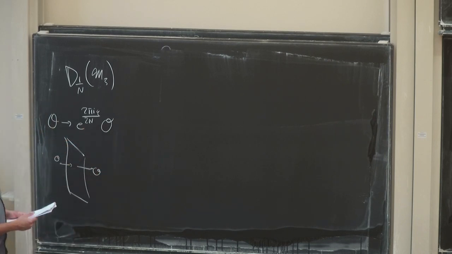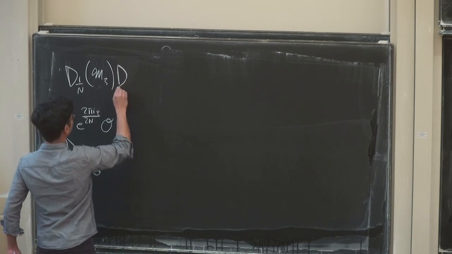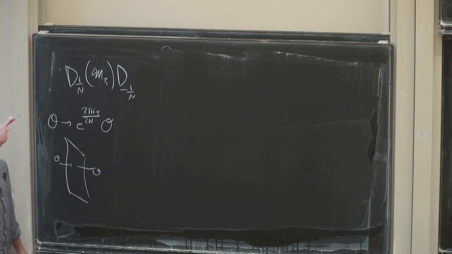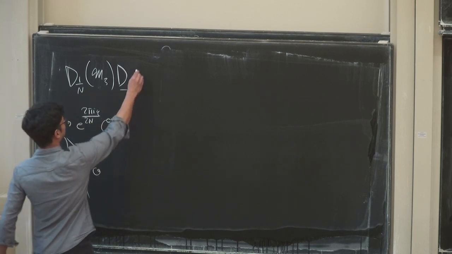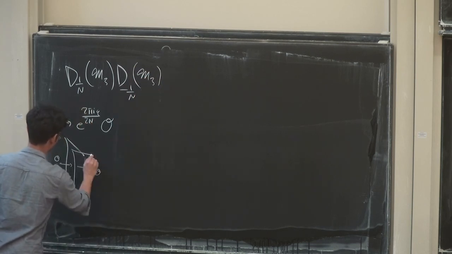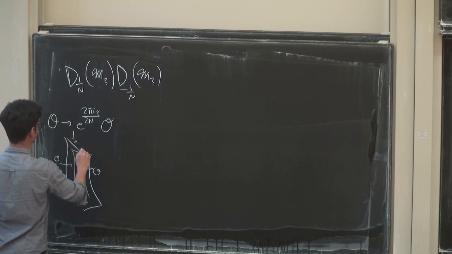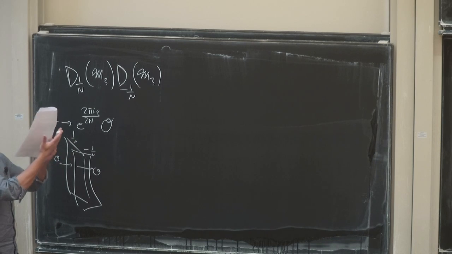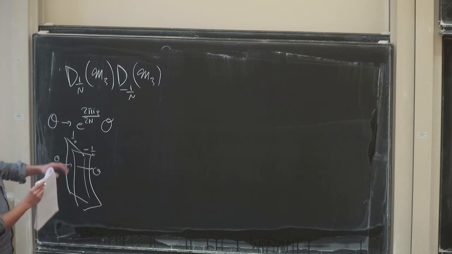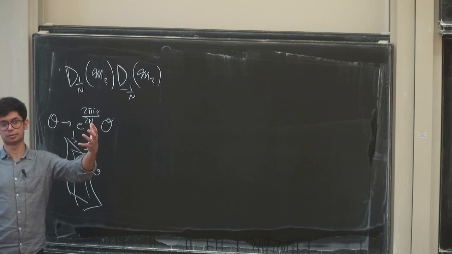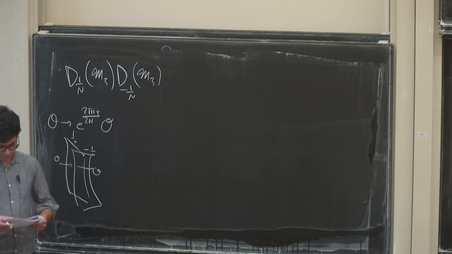But now let's imagine trying to undo that. Let's imagine acting with the rotation 1 over n, and then the opposite rotation, minus 1 over n. So I'm fusing these two things together. For a normal symmetry, if you rotate one way and then the other, you get the identity back again. It just gives you a 1. What happens here?